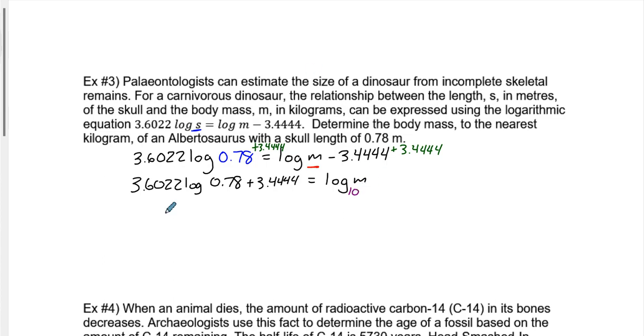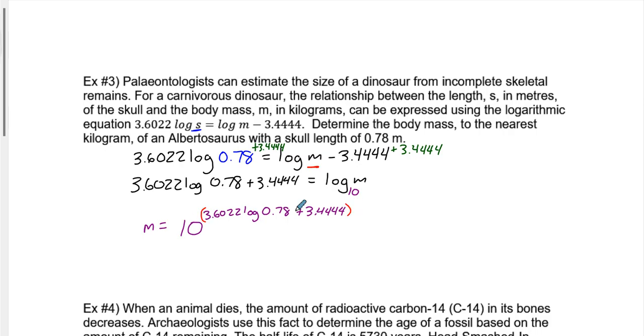So our m value is by taking our 10 and raising it to the power of 3.6022 log of 0.78, add 3.4444.